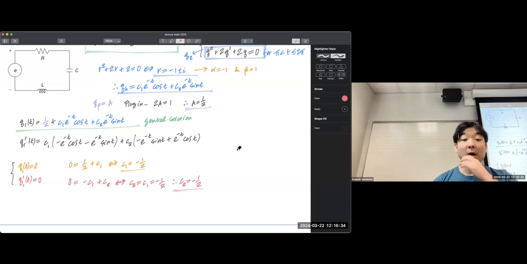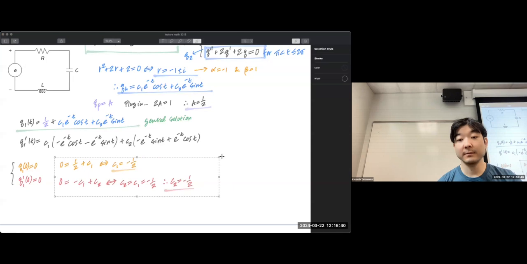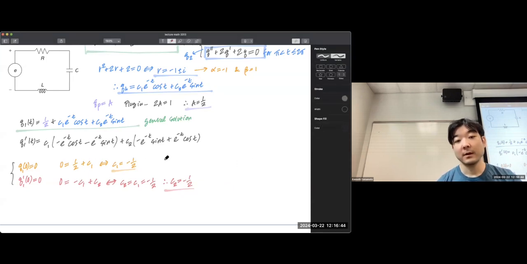So that gives us our solution, which is going to be our Q1, is this solution right here. So I can copy and paste it.